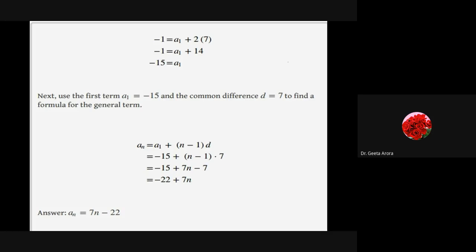Right? Here you can see they have written minus 22 plus 7n, but whenever you work with polynomials, we start with the variable term and then the constant at the last. So here we are getting an is equal to 7n minus 22. Correct?